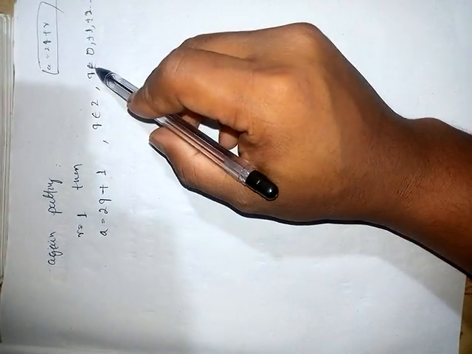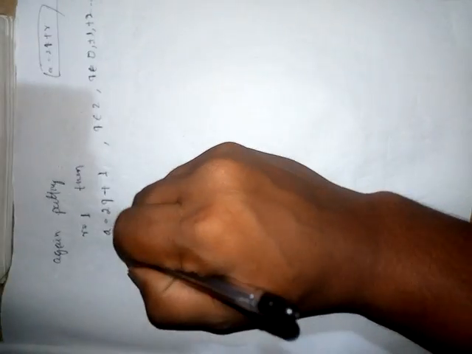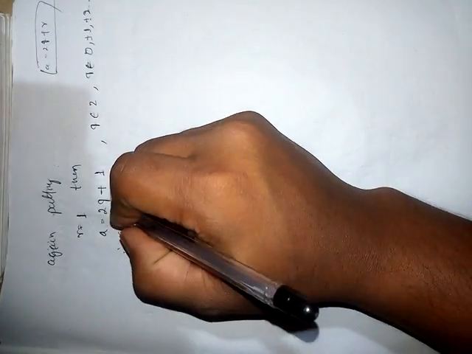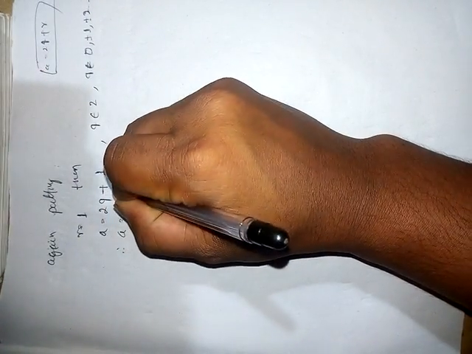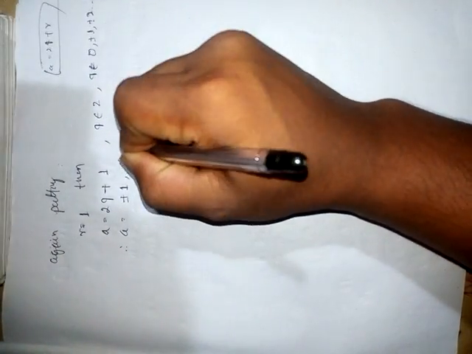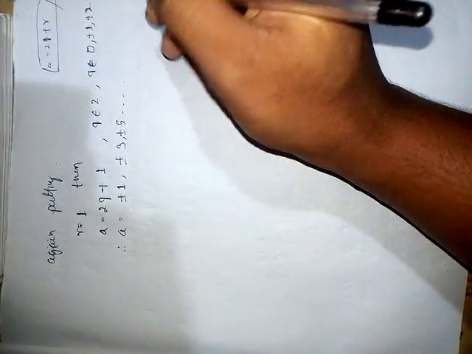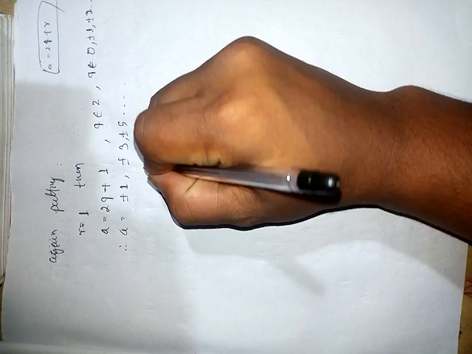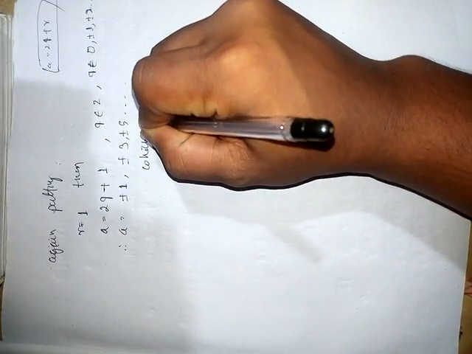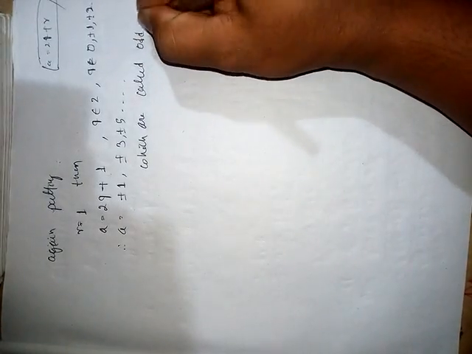From this, a will be equal to plus or minus 1, plus or minus 3, plus or minus 5, and so on, which are called odd integers.